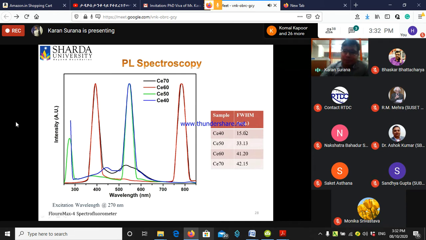The FWHM of the calculated peaks came out to be this one, and we can see that with the rise in temperature, the FWHM is increasing, which is again a suggestion that the particle size is increasing with the rise in temperature. Also, we can see small unresolved peaks in each of the samples, which are maybe some unresolved peaks or maybe due to some background error of the instrument.